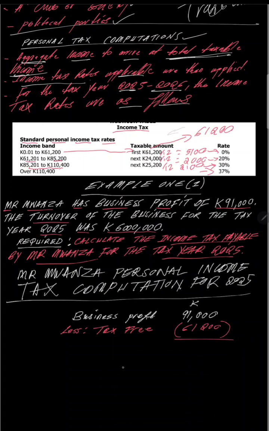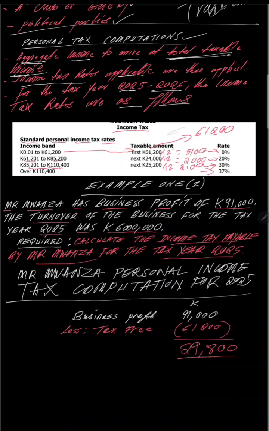After removing the 61,200 from 91,000, we are going to remain with 29,800. So this amount is going to be now taxed based on the tax bands.